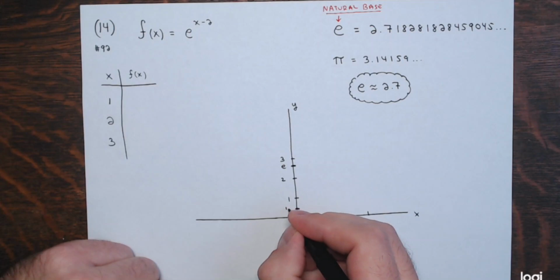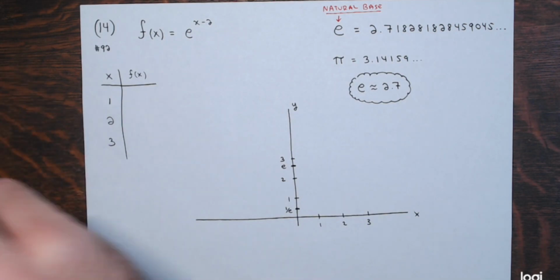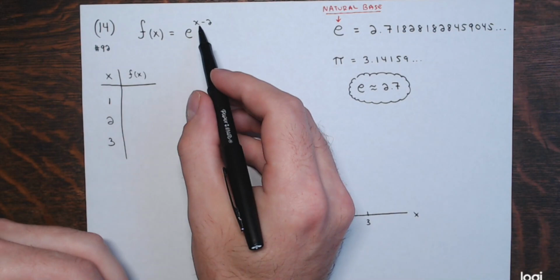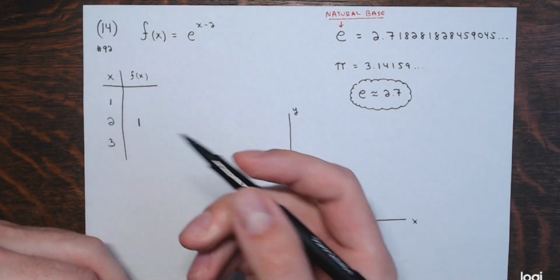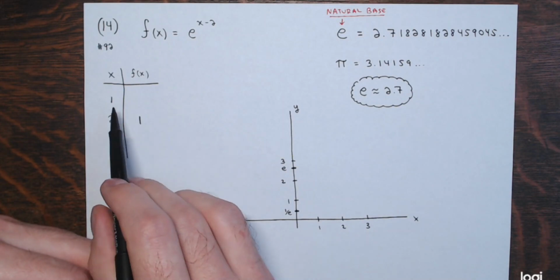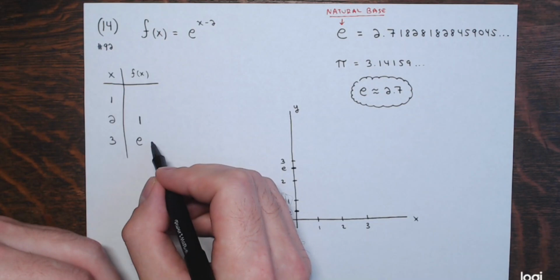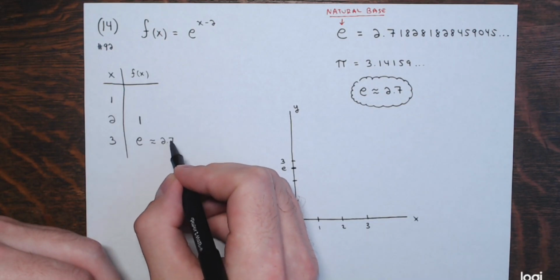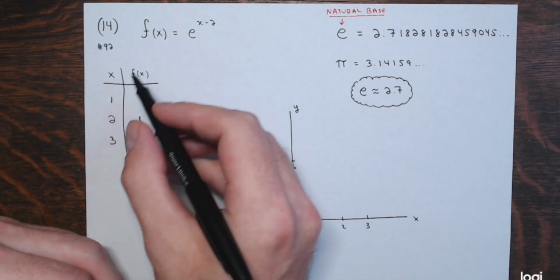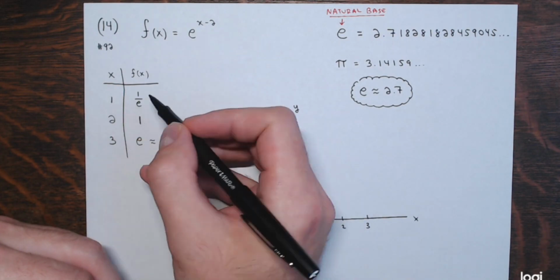So there's 1 over e, e to the negative first. When I plug in 2, I get e to the 0. Remember, anything to the 0 power, except 0, is 1. And then I plug in 3, that'd be e to the first. e is approximately 2.7.